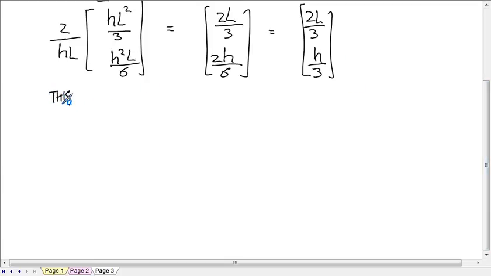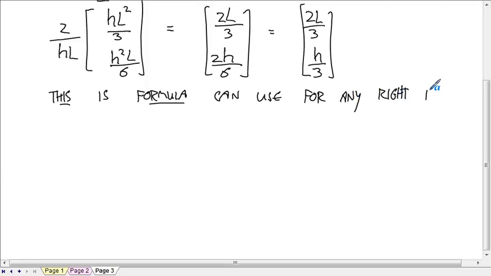Okay, so this is a formula that you can use for any right triangle. And I'm going to give you a few formulas for some of the common shapes that we're going to see.